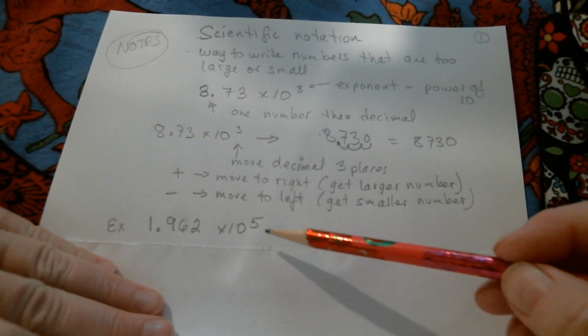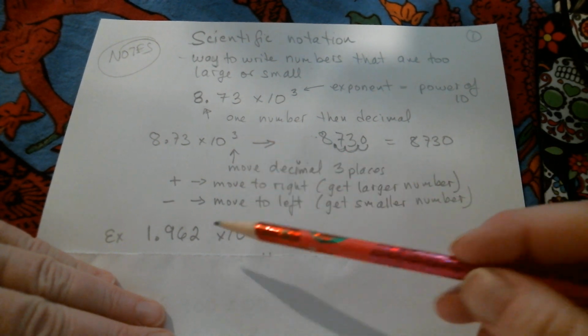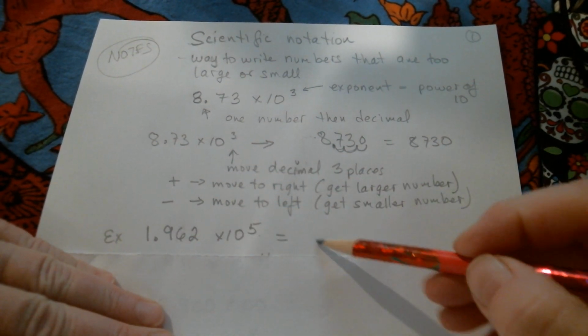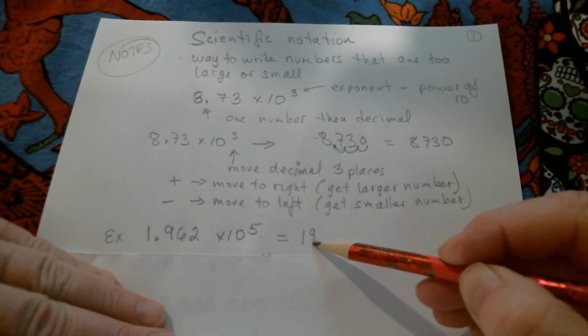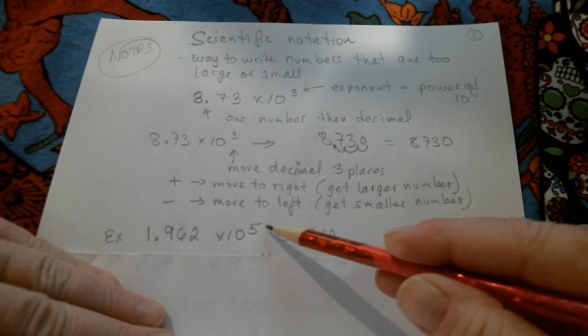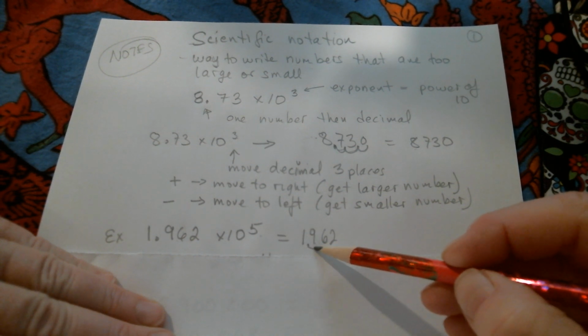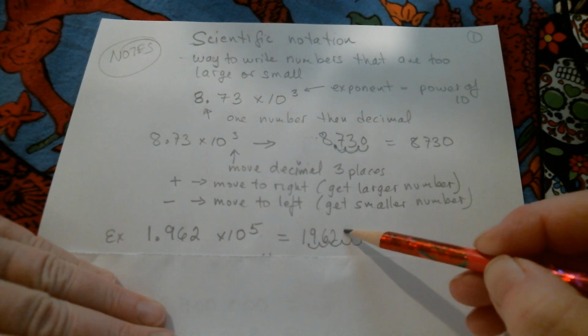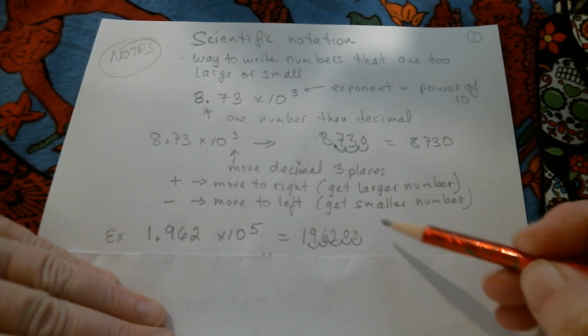Okay, so here again I have a positive exponent. That means I'm going to move this decimal. I'm just going to rewrite this. 1962. My decimal is here. Move it 5 places. I'm going to move it 1, 2, 3, 4, 5, so I can see where the zeros need to be filled in.